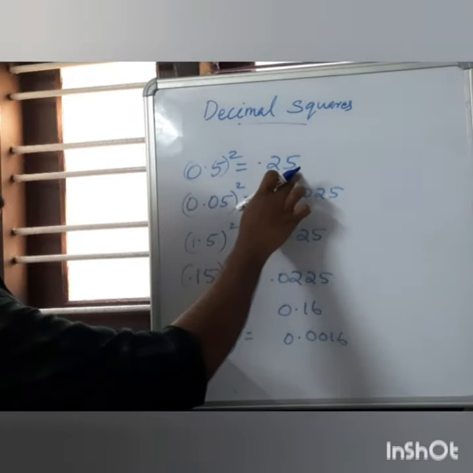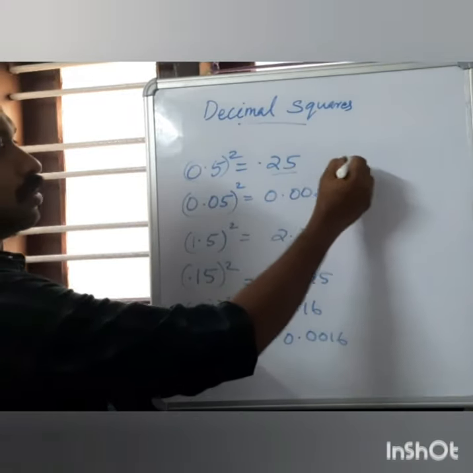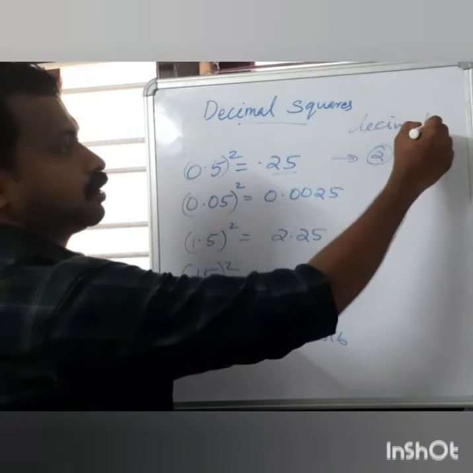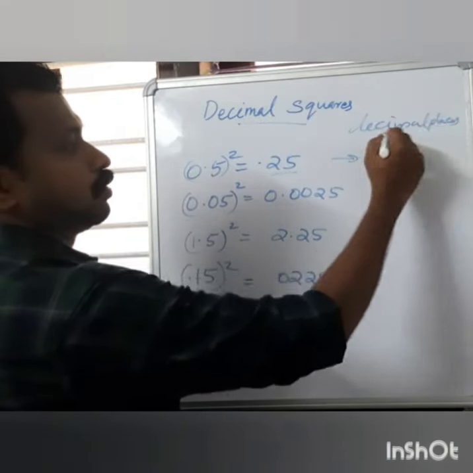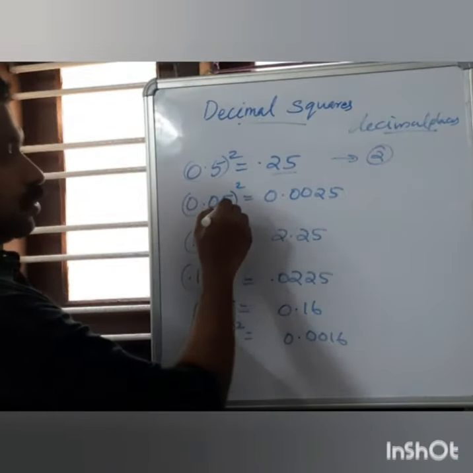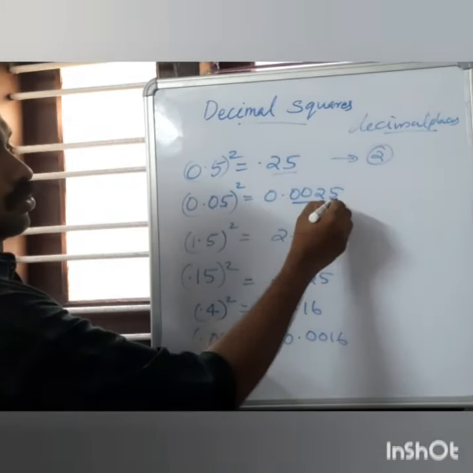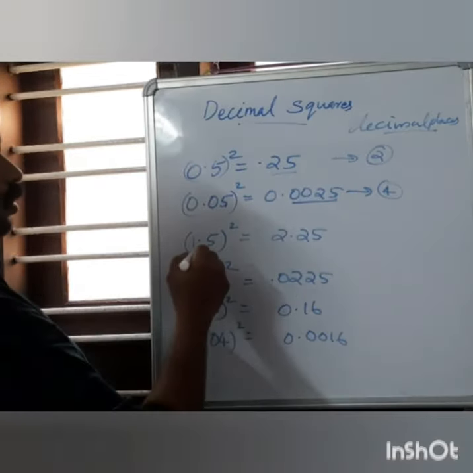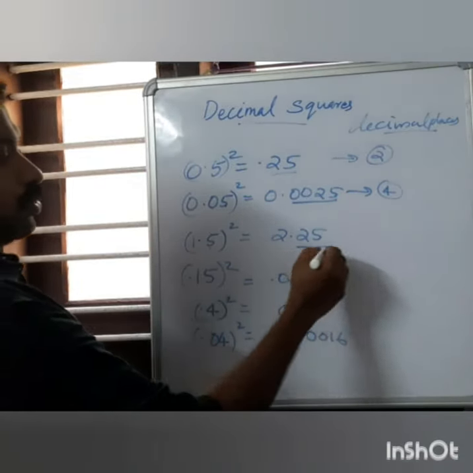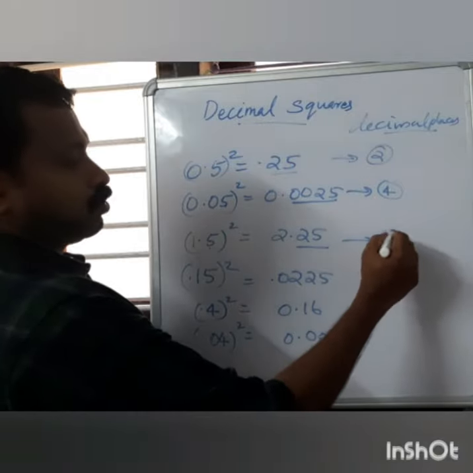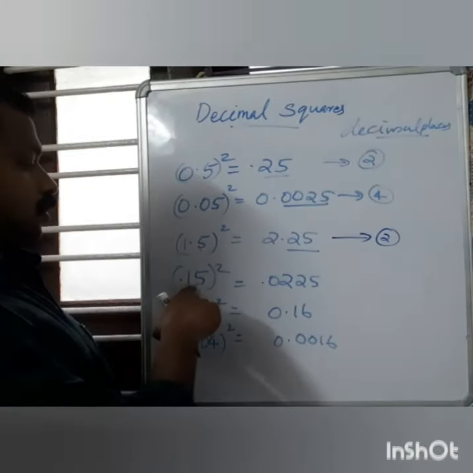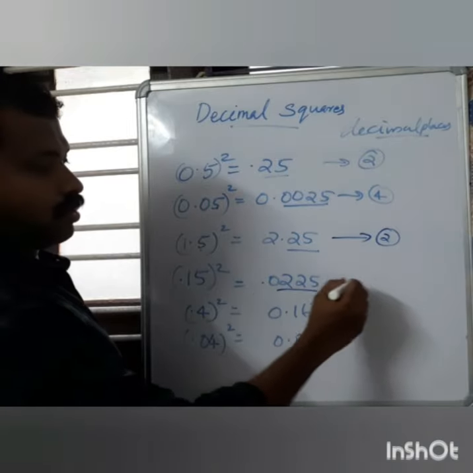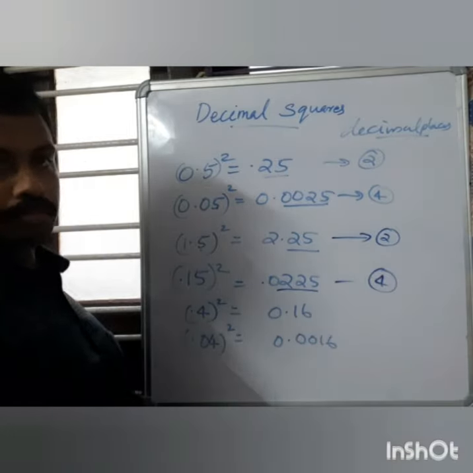0.5 square is 0.25. Here how many decimal places? 2 decimal places. Then 0.05 square is 0.0025. Number of decimal places are 1, 2, 3, 4. Then 1.5 square is 2.25, so 2 decimal places. 0.15 square is 0.0225, so here 4 decimal places.